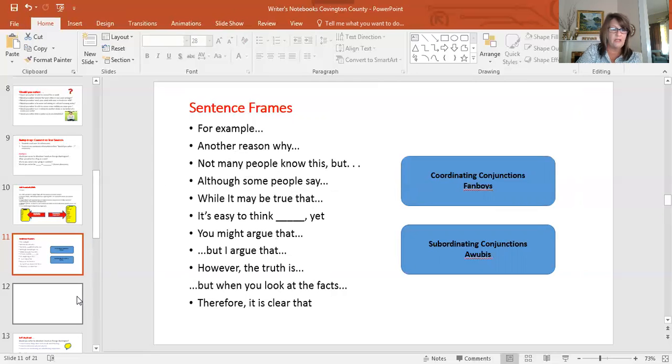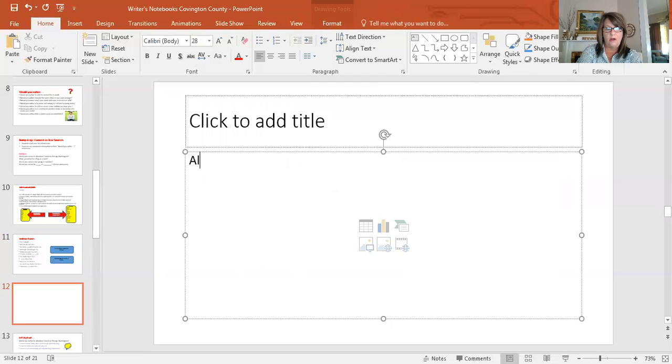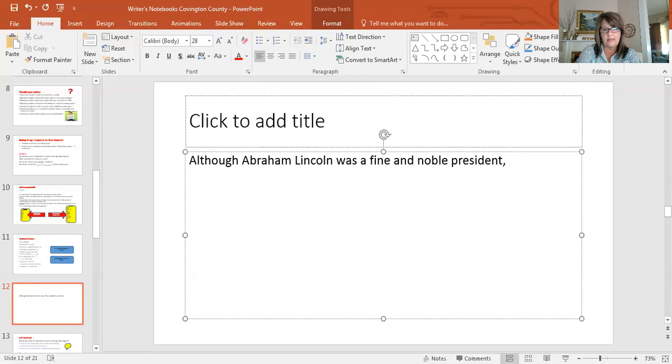Okay. So these have given me some things. Although Abraham Lincoln was a fine and noble president, I would prefer George Washington. So I've made my claim, I've stated my opinion.